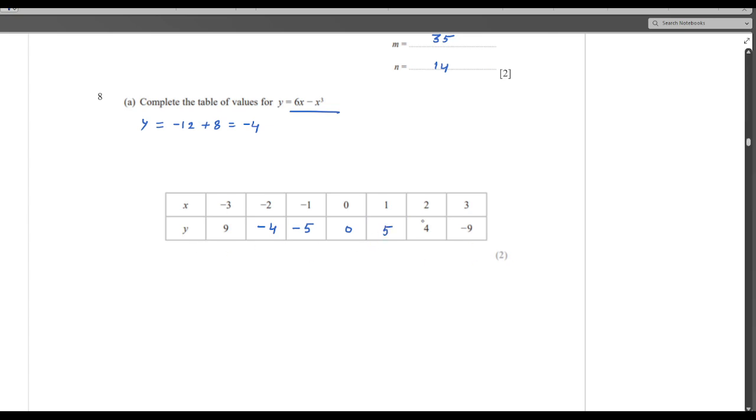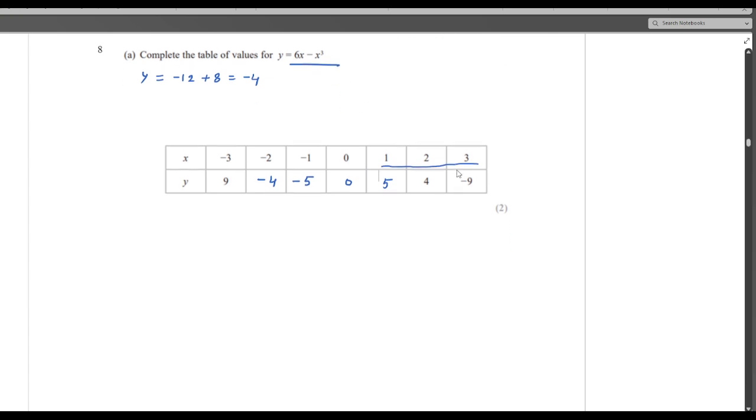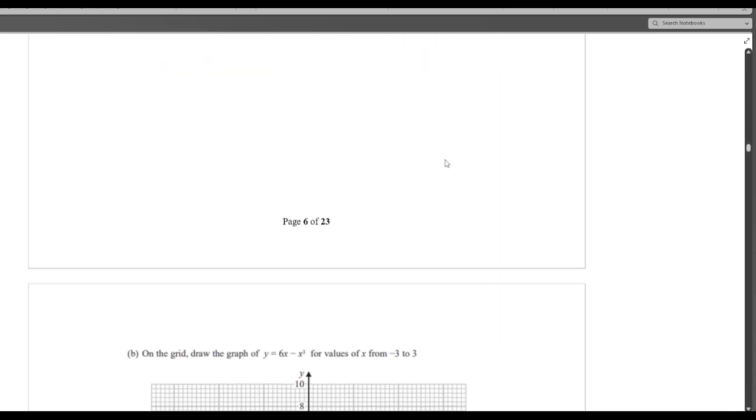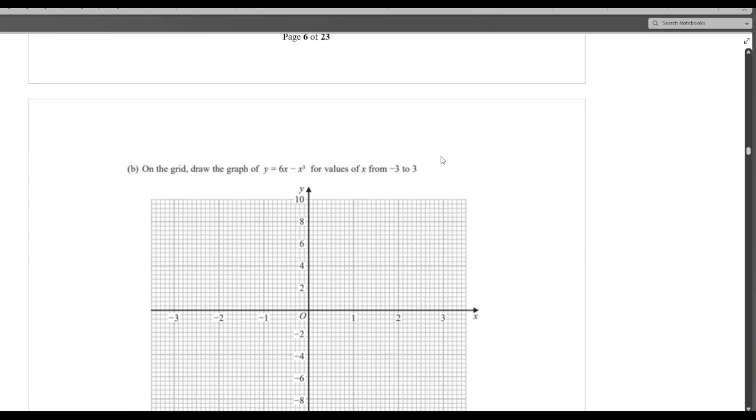So here, on the right-hand side, for 1, 2, 3, I am getting 5, 4, minus 9, and for minus 1, minus 2, minus 3, I am getting minus 5, minus 4, plus 9. So it will be interesting to draw the graph for this function.